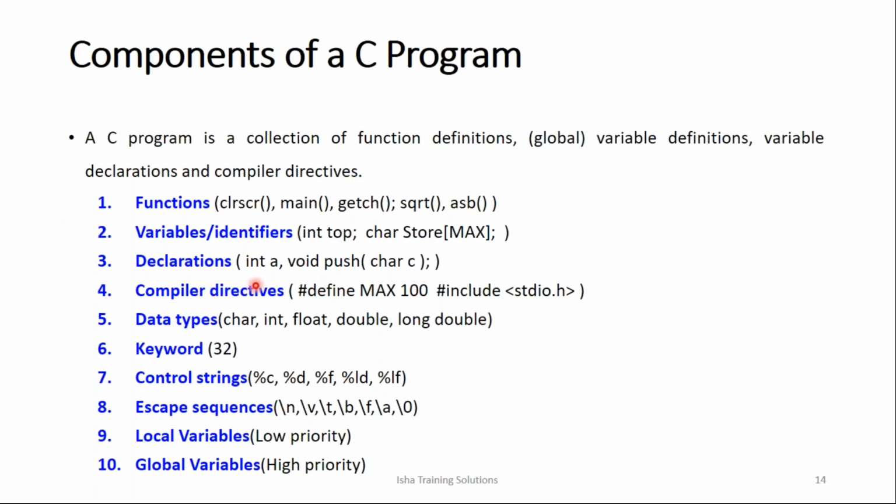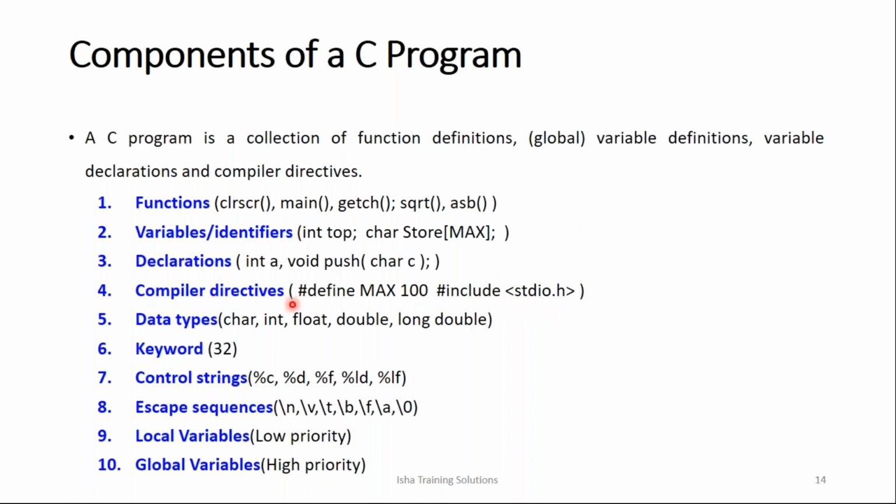We are going to declare some variables initially to let the system know that I am going to use these kinds of variables in the program in future. Next, compiler directives: hash define, hash include. These are called header files, or compiler directives. Why are they called compiler directives?